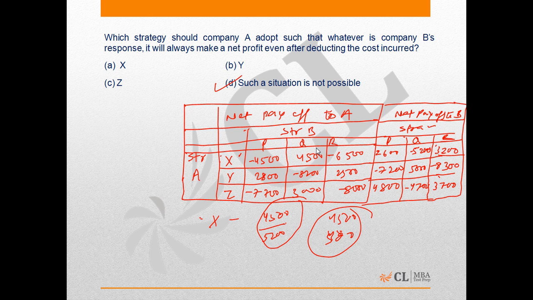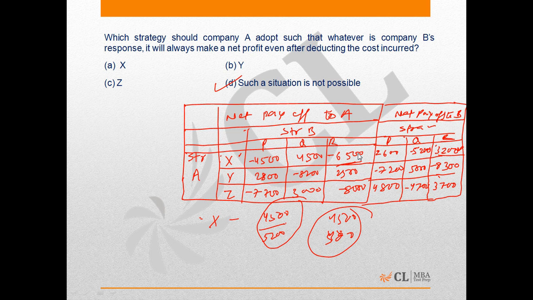Company B gains 3,200 when it responds to a strategy of A, who has adopted X, by adopting strategy R, and the loss in that case to A is 6,500.